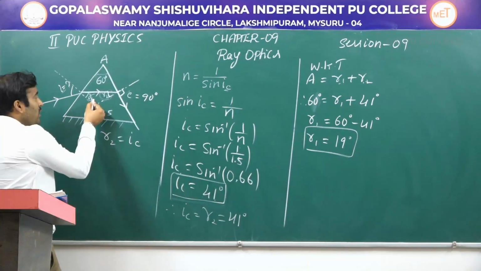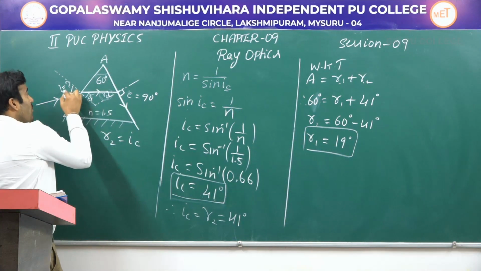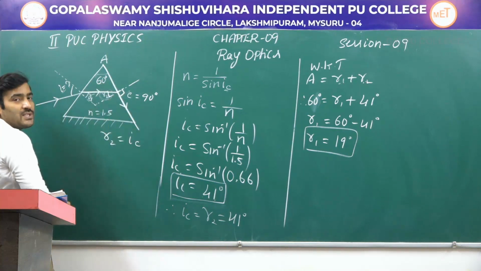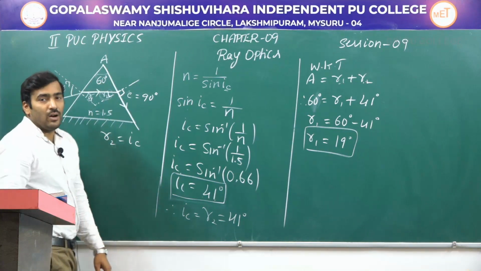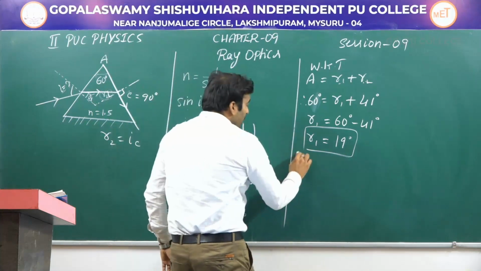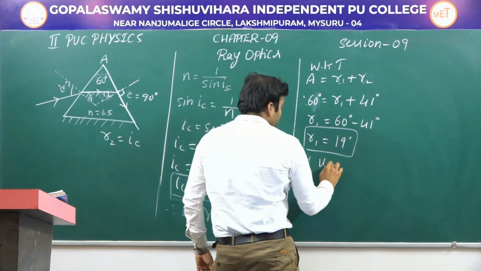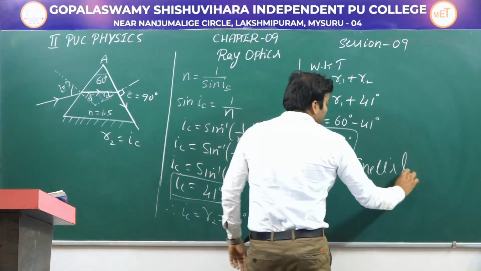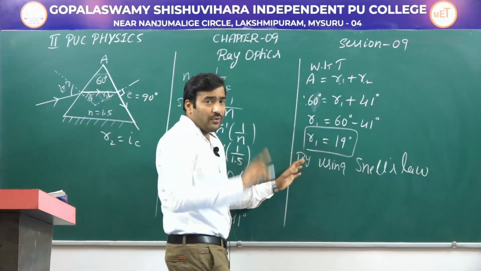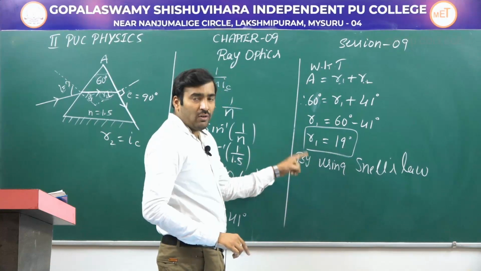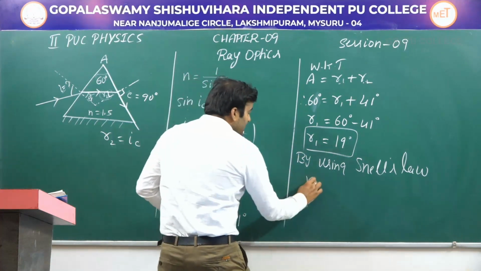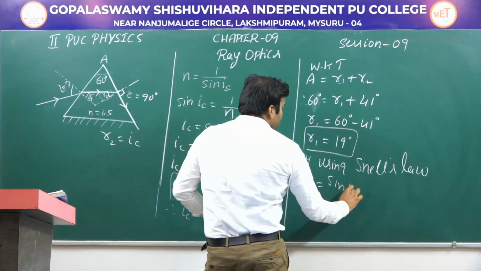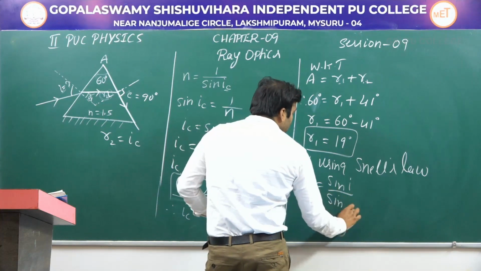Correct? So by knowing the value of R1 and the refractive index of the prism, I can find this angle of incidence. How do you find this? By using Snell's law for the first face. Correct? We are finding this for the first face. The refractive index is equal to sin I divided by sin R1.